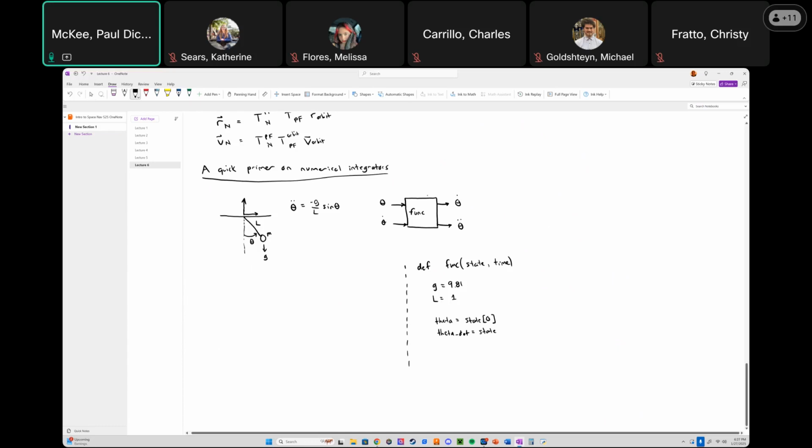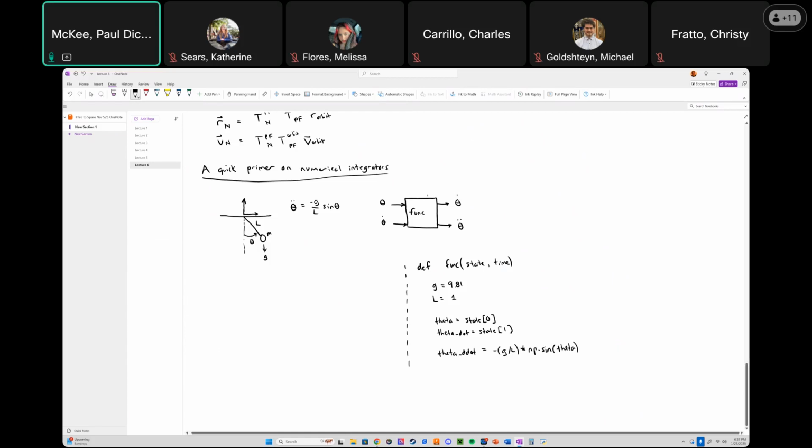Those of you that are Python natives are probably going to roll your eyes at me at some point here when I say something silly. Now, the equation of motion is that theta double dot is negative g over L times numpy.sin theta.